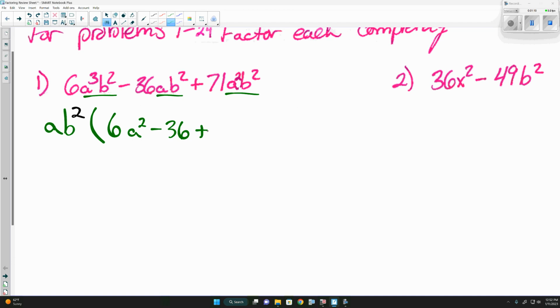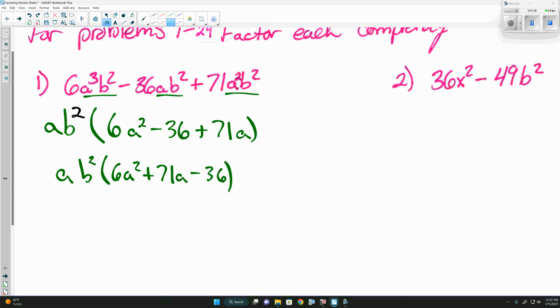Plus 71. If we factor an a out of a squared, we're left with 1a, and the b squared factors out completely. Now, if we wanted to rewrite it, we can as 6a squared plus 71a minus 36 to have it in standard form.